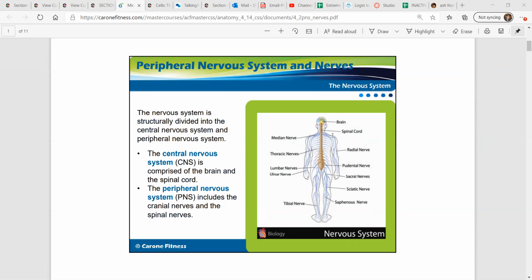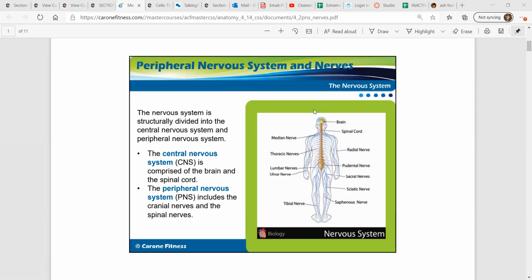So here we go. The nervous system is structurally divided into the central nervous system. We call that the CNS for short. That is comprised of the brain and the spinal cord. So it's very centralized, right? The middle part of your body. That is the central nervous system.